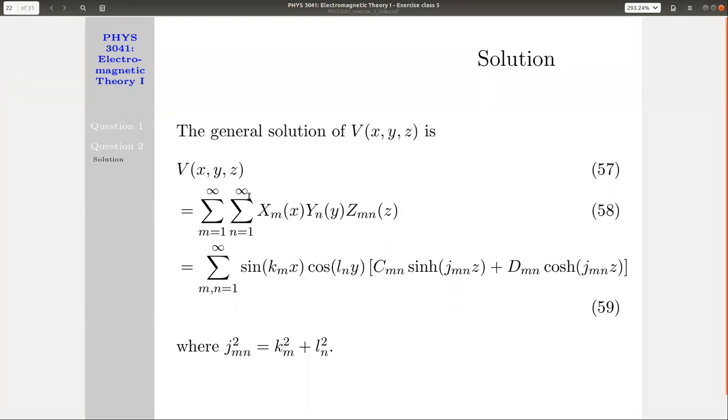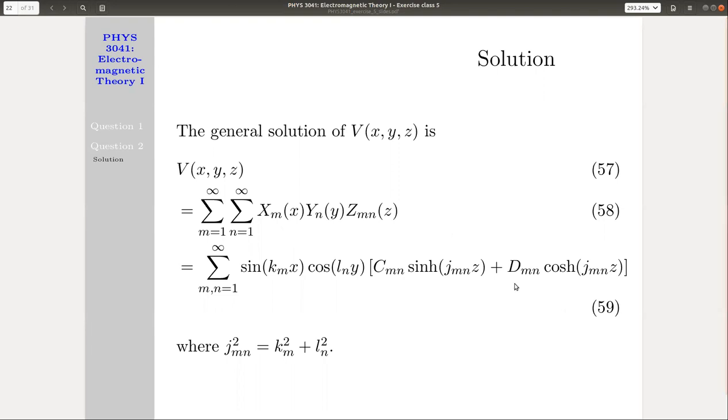But the Laplace equation is linear, so linear combinations of them will be the most general solution, which we can write in the form like this. We expand the x, y, z in terms of the functions that we have solved.